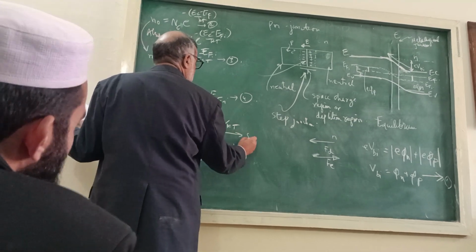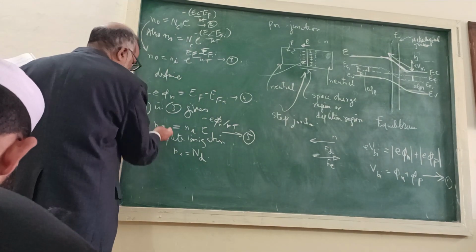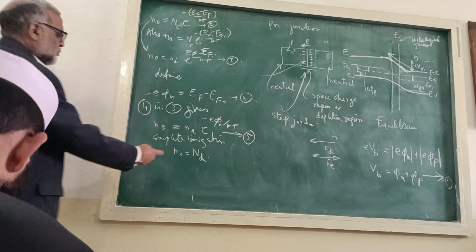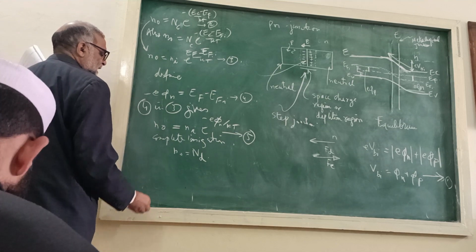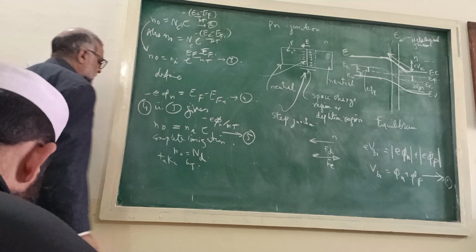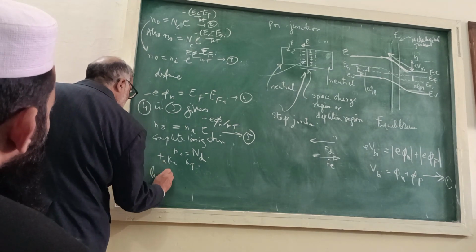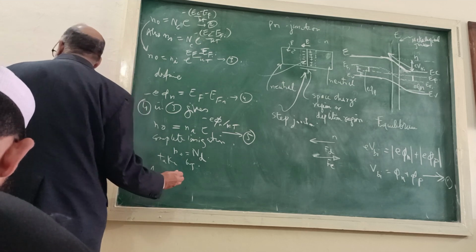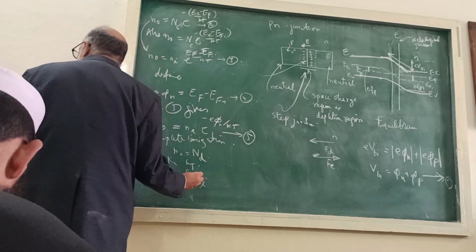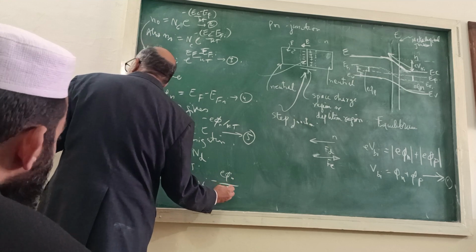Suppose this is equation number 5. Putting this in this and taking log, we say log of ND will be equal to log of NI minus E phi n over kT.